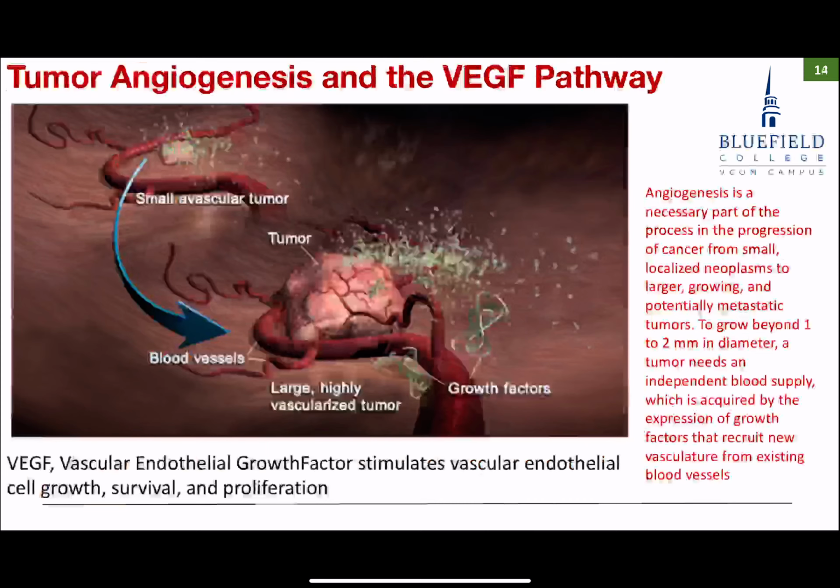This is a very important process in cancer development known as tumor angiogenesis, which is growth of vascular vessels within tumors. Turns out that when a tumor grows beyond 1 or 2 millimeters in diameter, it requires an independent supply of blood. So it needs to recruit blood vessels to grow further.